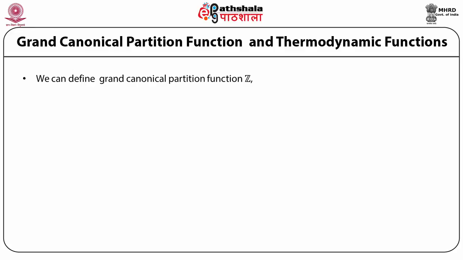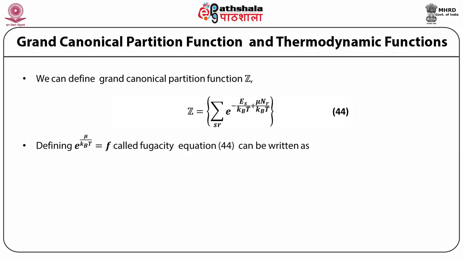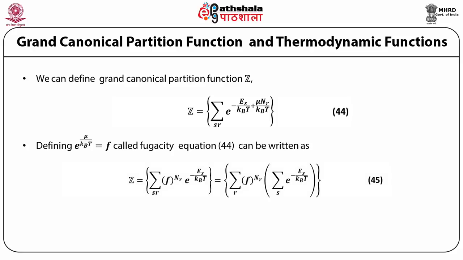We can define the grand canonical partition function Z as equal to the summation over s, r of e raised to the power minus Es upon kBT plus mu times Nr upon kBT. Defining e raised to the power mu upon kBT as equal to F, called fugacity, equation 44 can be written as Z equal to the summation over s, r of fugacity F raised to the power Nr times e raised to the power minus Es upon kBT, which is equal to the summation over r of fugacity raised to the power Nr multiplied by the summation over s of e raised to the power minus Es upon kBT.